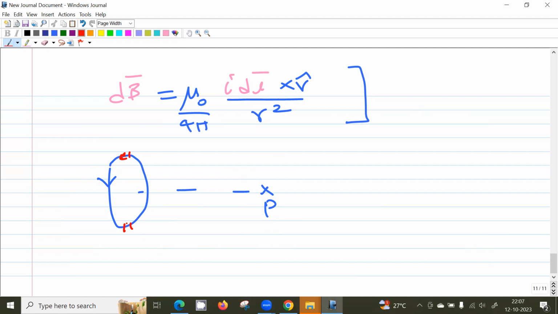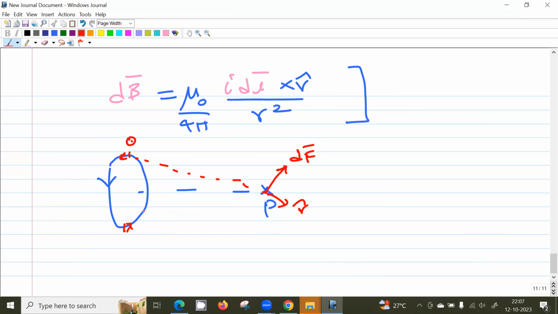For the magnetic field at this point P, this is Idl and this is r cap. Idl at the top is out of the plane of the paper, so Idl cross r cap will be in this direction. This is the direction of the field due to the element at the top.